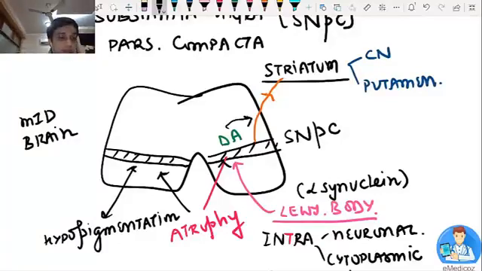The name of the pathway is very simple. In neuroanatomy, where you start is the prefix and where you end is the suffix. It's known as the nigrostriatal pathway.